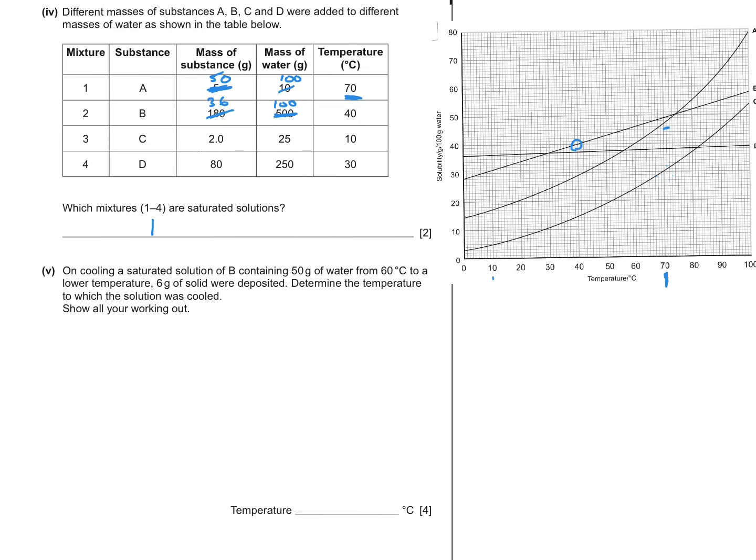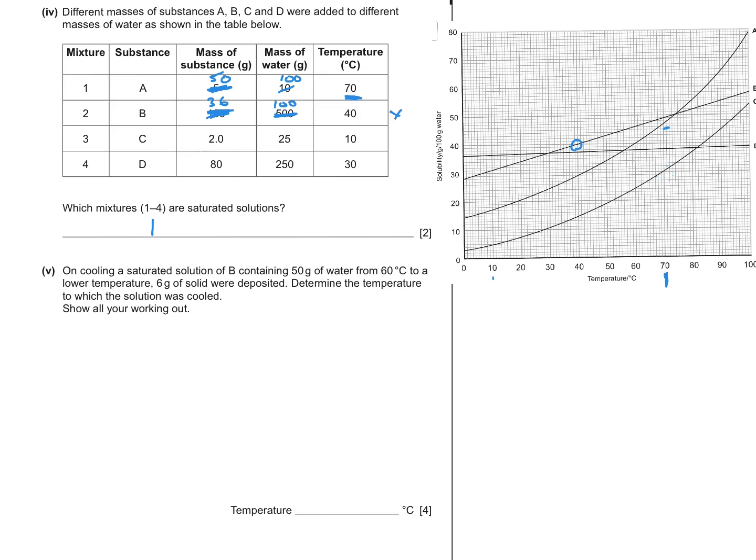So substance B at 40 degrees C can dissolve 40 grams of the solid. Now in the question, we're told that there are 36 grams. Well, that's not 40. So this mixture, this water, can actually hold 4 more grams of substance B. So mixture 2 is not saturated.